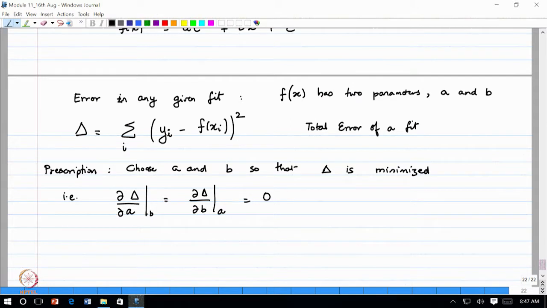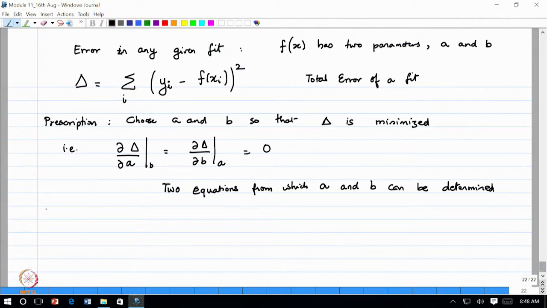Okay, so that is the prescription for the choice. When you set dou delta by dou a equal to 0, and likewise for b, this will give you two equations from which a and b can be determined, because there are two equations and two unknowns.